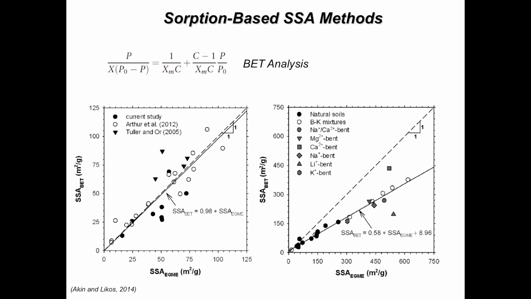For expansive materials in particular, higher surface area materials where we have interlayer swelling, with water being adsorbed on two layers within an interlayer space, we do see this divergence between the EGME method and a method based on water vapor sorption. Okay, we see no deviations based on cations that are associated with this as well.